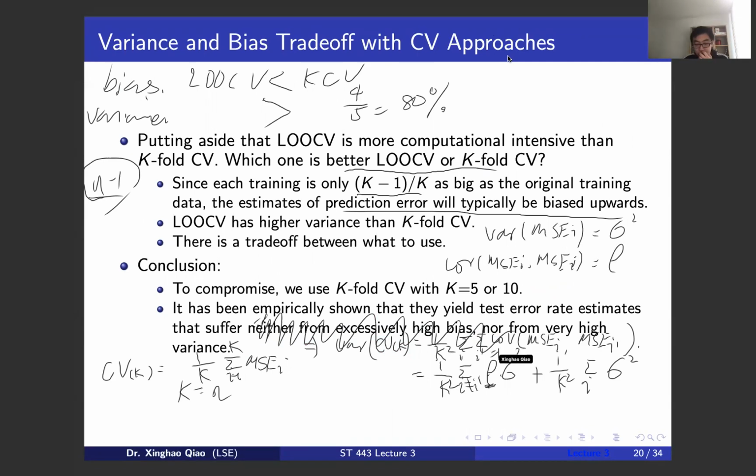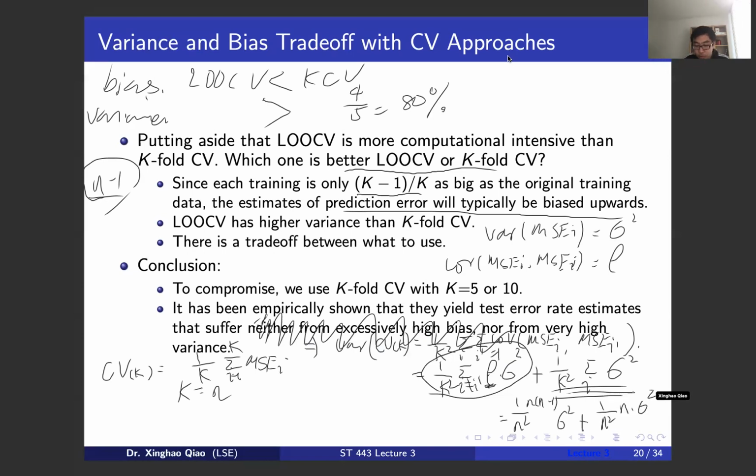Now consider the variance of the mean square error for leave-one-out cross validation. This part will be very large, and if you combine these parts, it will be 1 over n squared times n minus 1 times, treating rho as almost 1, sigma squared, plus 1 divided by n squared times n times sigma squared.